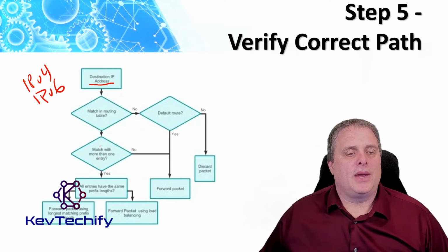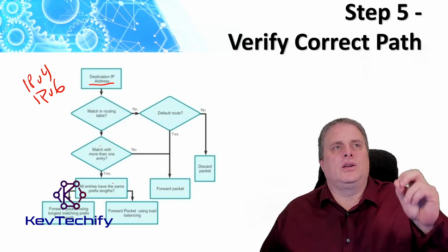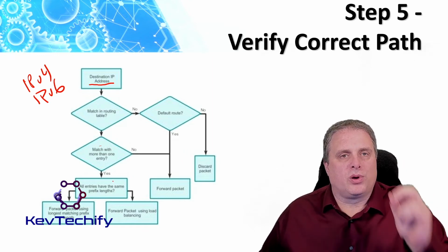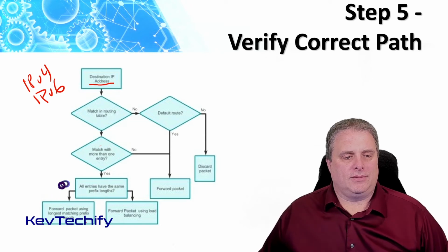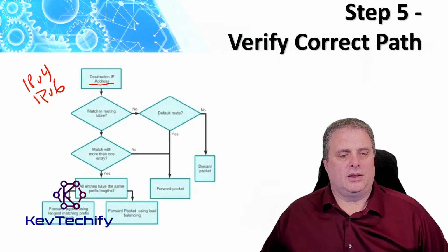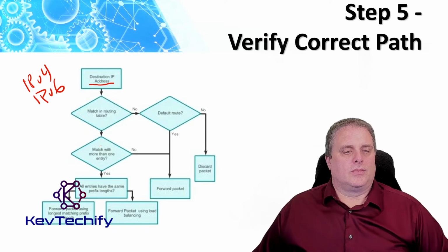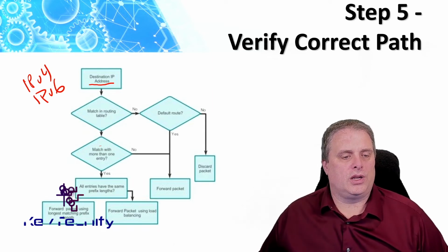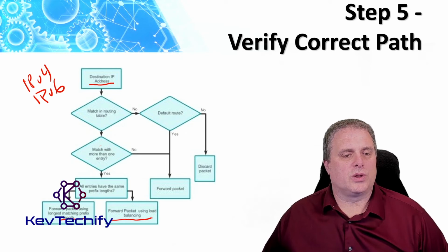If there is a match with more than one entry, we match it with the longest bit match, or the longest prefix match. Then we forward the packet based upon either the longest match or load balancing. So if we can match the longest prefix, we're going to forward it using that information. If not, then we'll use load balancing.